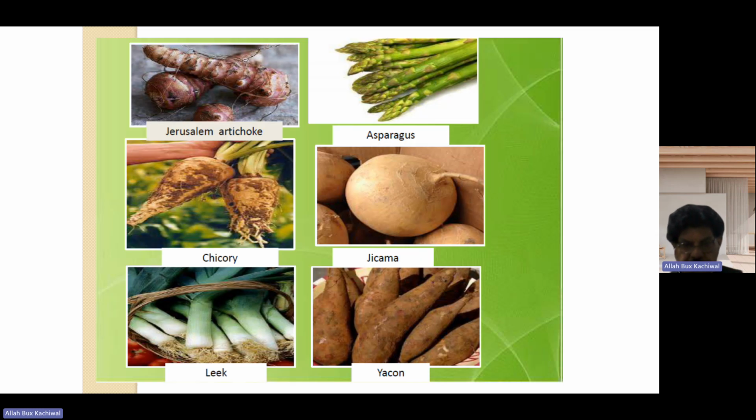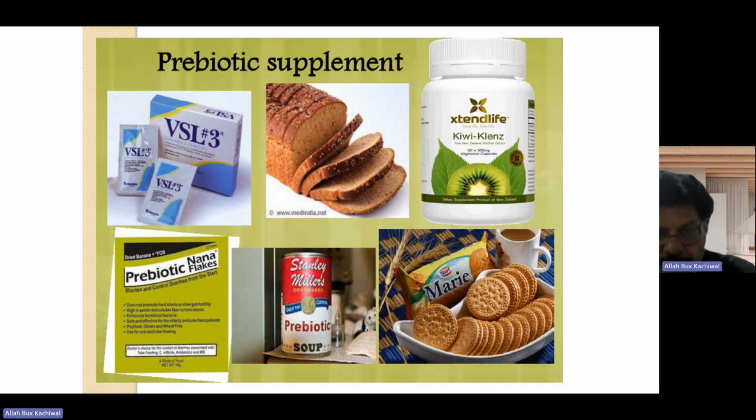You can see the pictures of plants like Jerusalem artichoke, asparagus, chicory, jicama, yacon and leek, whereas the prebiotics are supplemented in the form of biscuits like double roti, or soup, as well as a can cleanse.